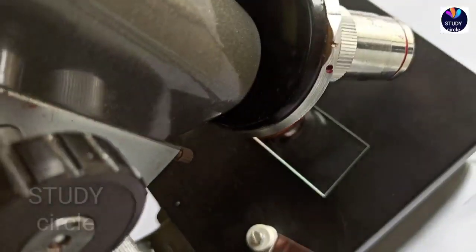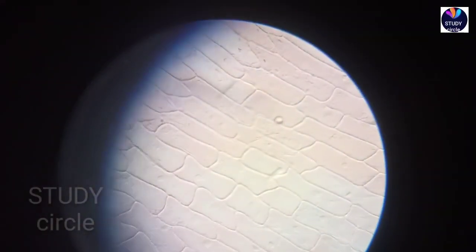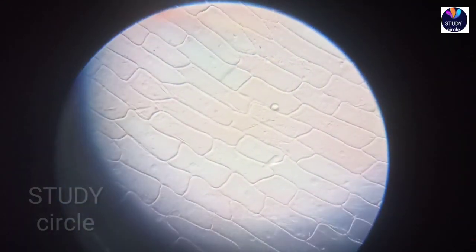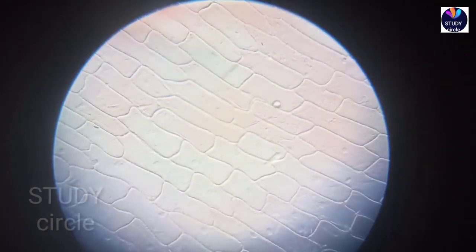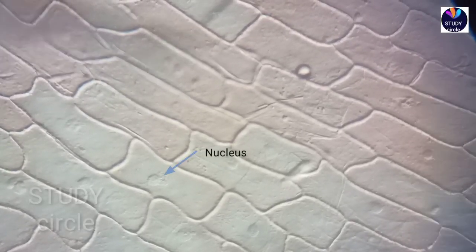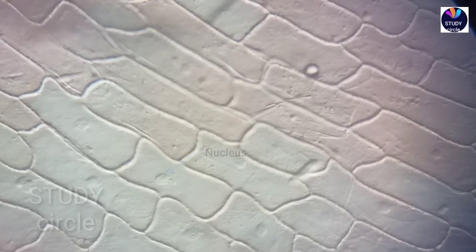So now let us see how the cells present in onion appear. If you watch, you can see these are the cells, similar to the structure given in your textbook. I'll try to magnify it. Now you can see the nucleus in this cell. You can see the dark dot in each and every cell.